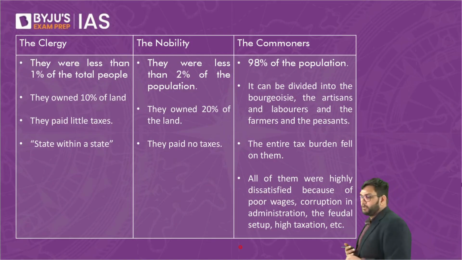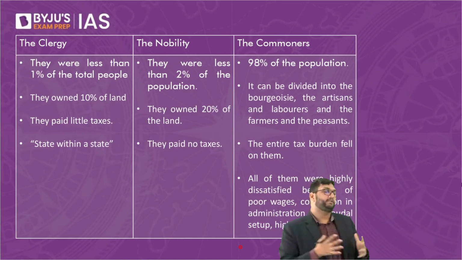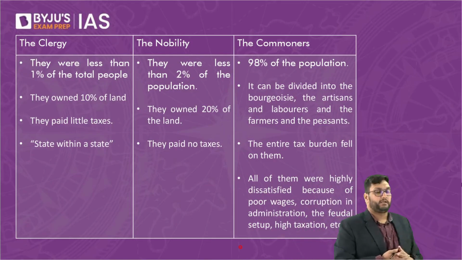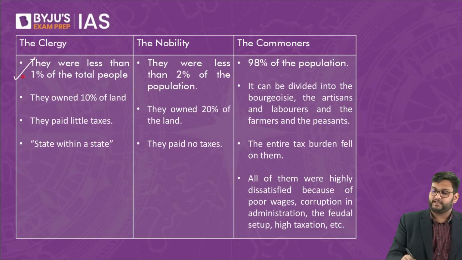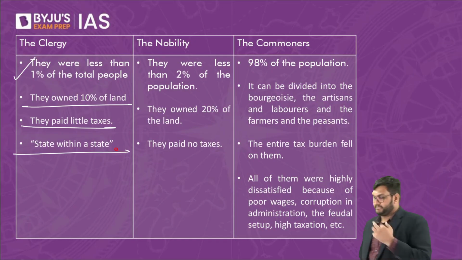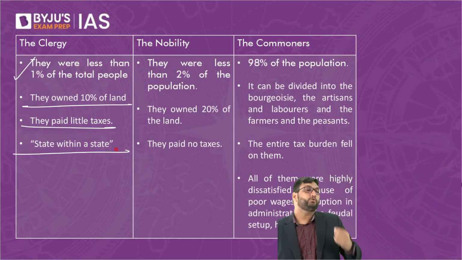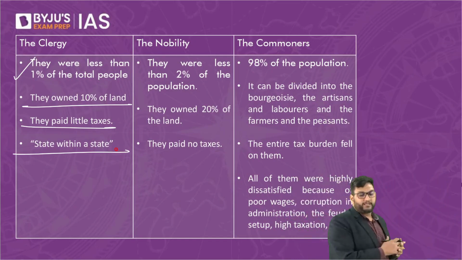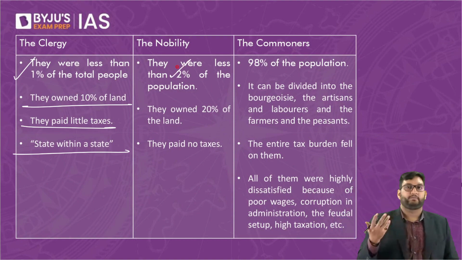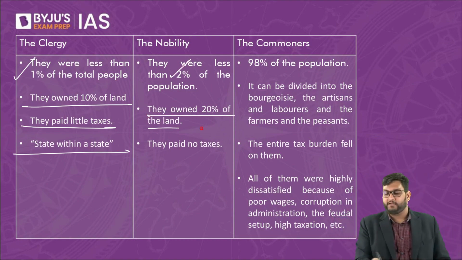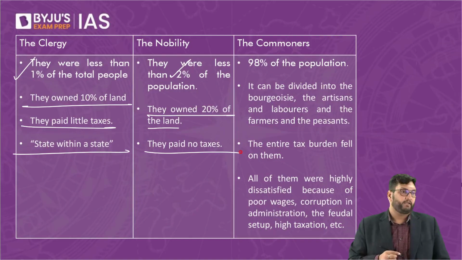Thereafter, when we look at the way we divide the three, clergy is 1% of society, owned 10% of land, paid little to no taxes, a state within a state. Basically, the church had too much power. The nobility, on the other hand, 1% to 2% of the society, 20% of the land, paid again no taxes.